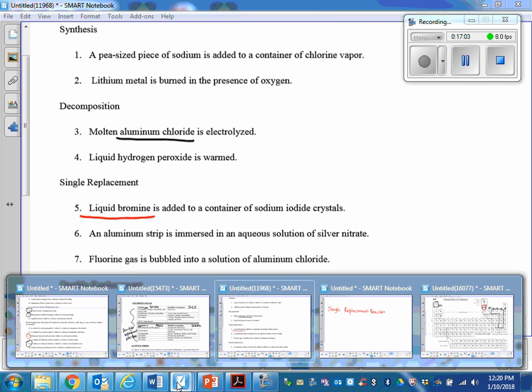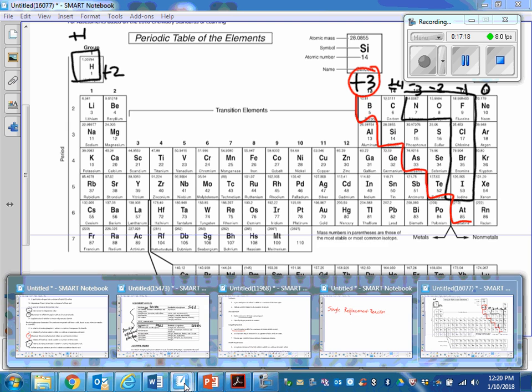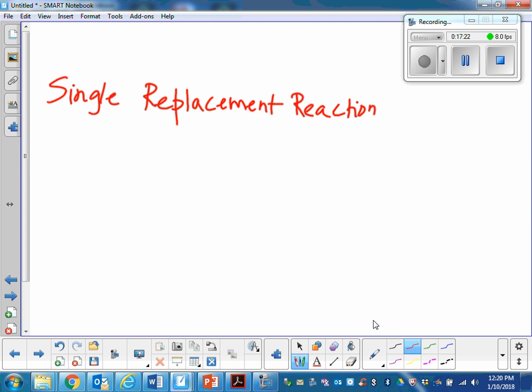Do you see that bromine is located on this side of the periodic table, right? Therefore, it is a non-metal. So, I'm going to do a little trick to help me out. If it's a non-metal, I'm going to write it with a red colored pen. All right? And so there is bromine.